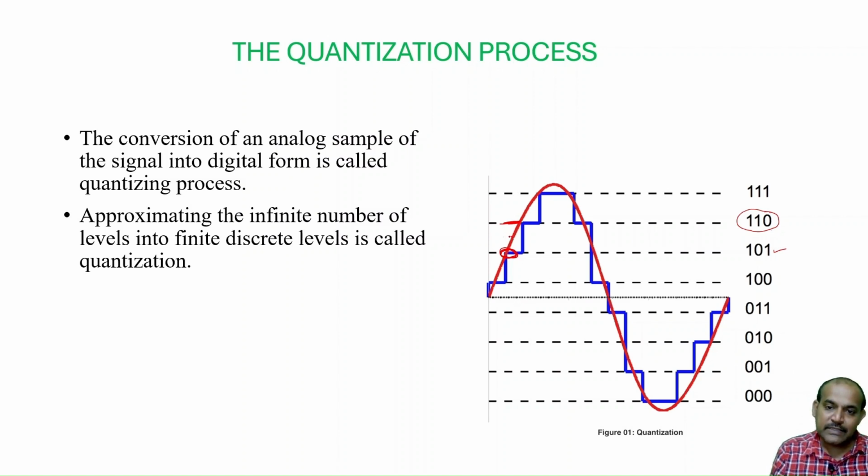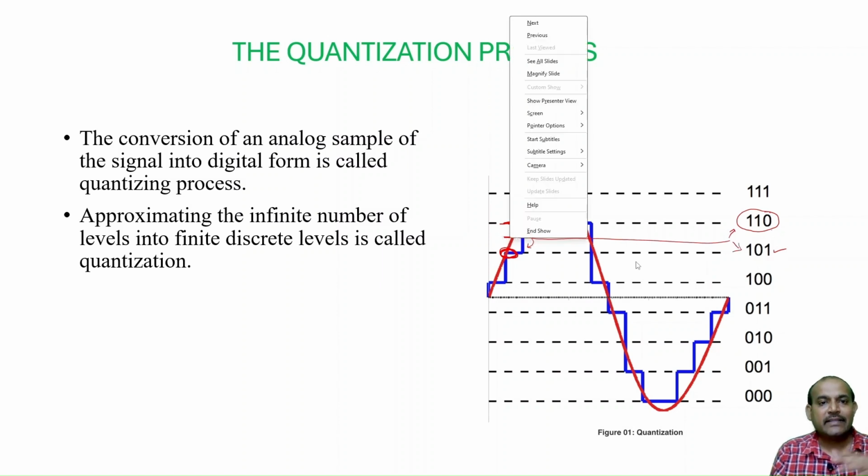Suppose the input is at this level. Now there is no predefined level for this, therefore I will round off to the next value or the previous value, whichever is closer. When you round off to the next or previous value, it is represented as either 110 or 101, but the actual sampled input signal is neither equal to 110 nor equal to 101.